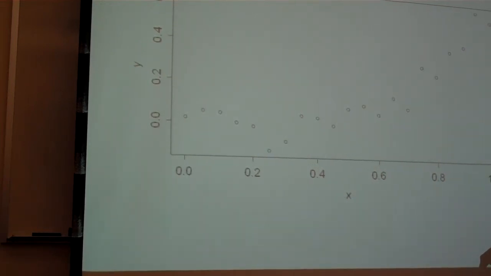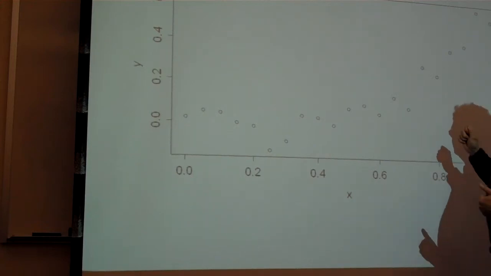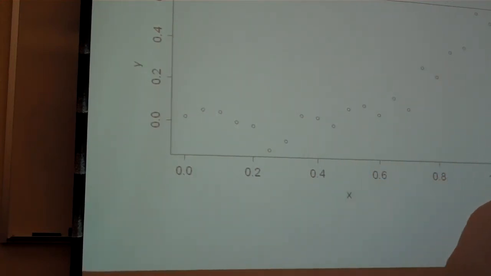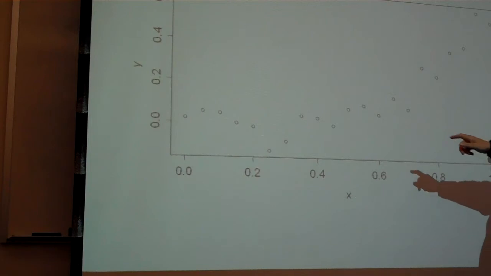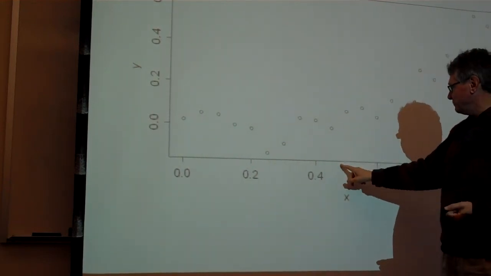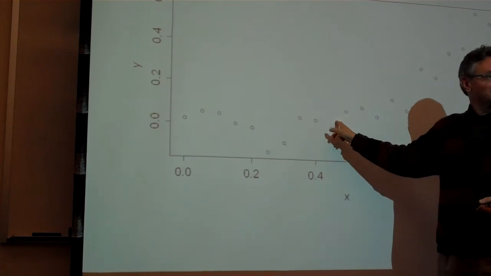If I do a neighborhood of 2, looking at my 2 nearest neighbors, and then do a linear weighting, where the point that's twice as close has twice as much weight, then I'm just going to draw a line connecting them, and wherever I am on that line, that's the value I'm going to predict.